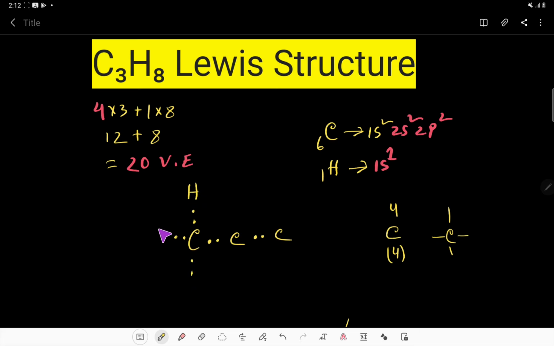So with 3 bonds it will receive 3 hydrogens. This carbon already has formed 2 bonds, so it can form 2 more bonds. One single bond means 2 dots. Look, this carbon has 1 bond, so it can form 3 more bonds, right?